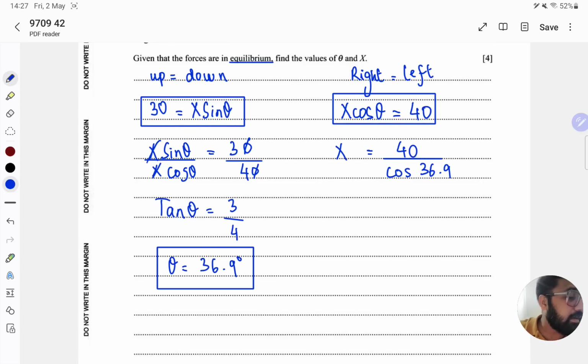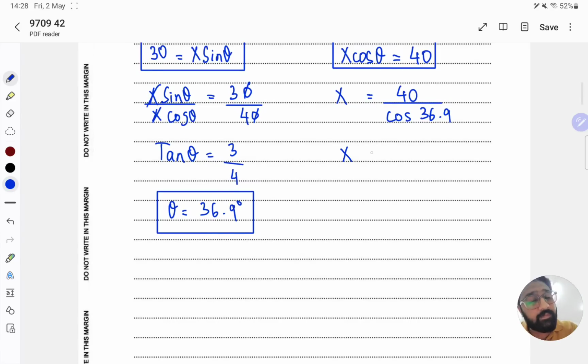Remember, the calculator should be in degree mode, because after your paper 1 it has to be in degree mode for mechanics. So the answer is 50 newtons. It is a force, so it has to be in newtons.